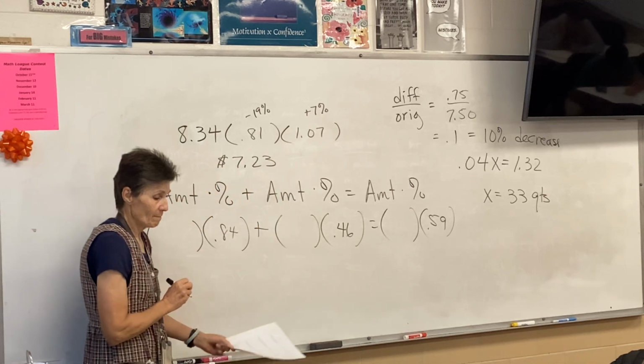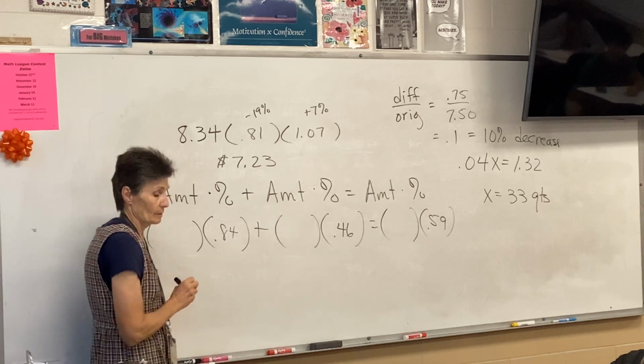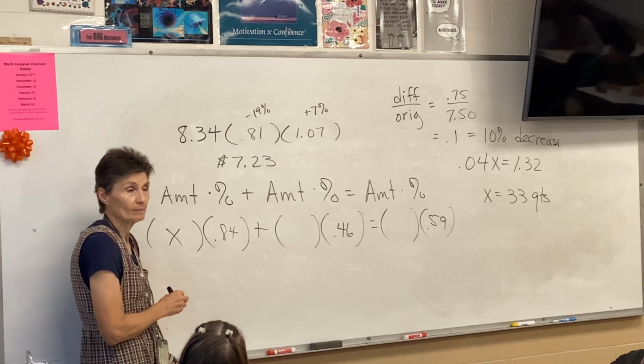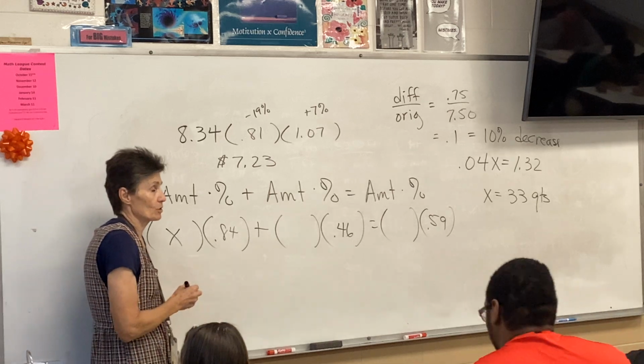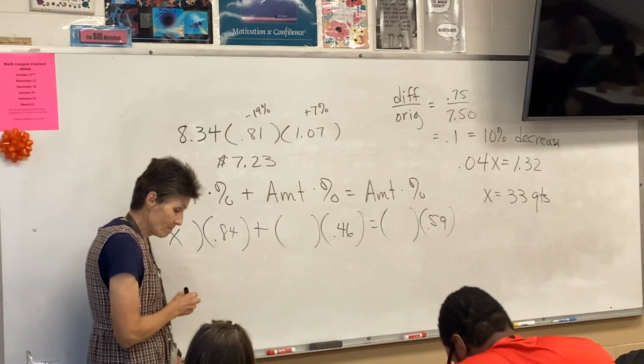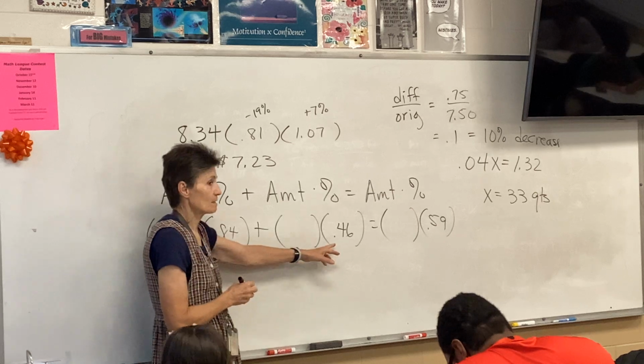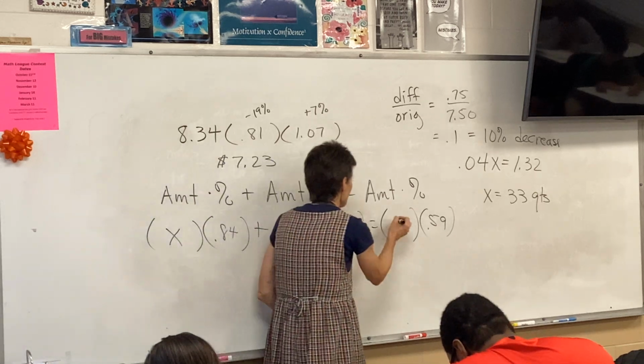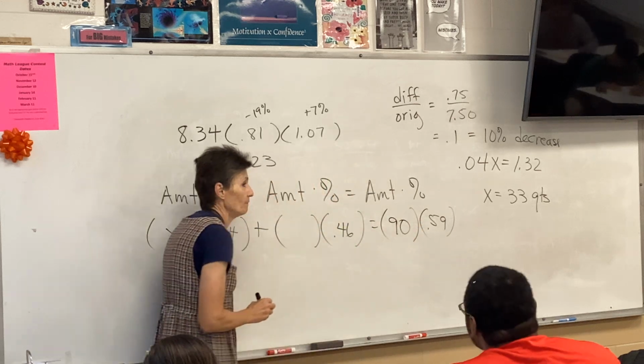Now, what are my amounts? Well, it says how much. So once again, I'm just going to put an X there. I don't know how much. Should be mixed with 46% to get 90 gallons of 59%.